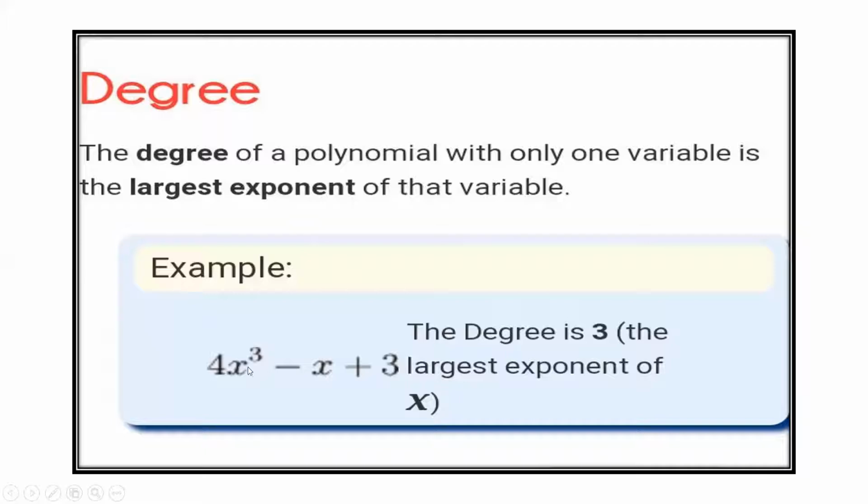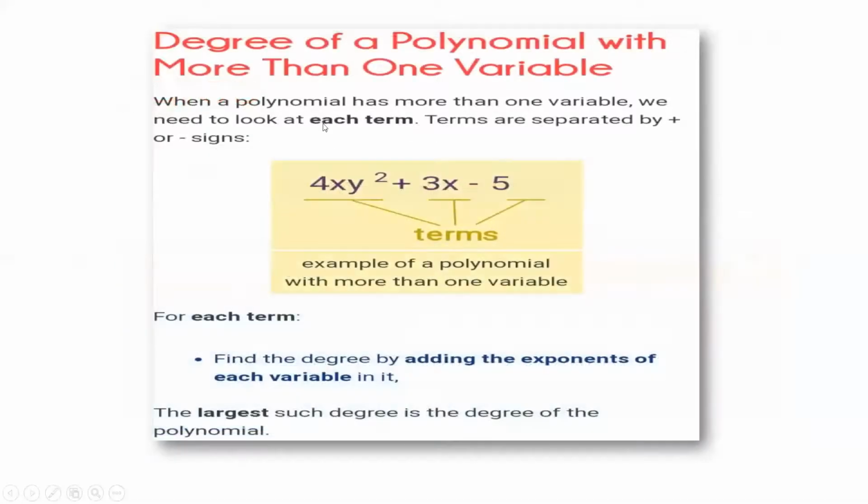Here, x is having the highest power, here is q. So the degree is 3. Okay? This is all about when only one variable is there. And what about when more than one variable is there? Here we can see x and y also. Look at this. Here not only x is there, here y square is also there.